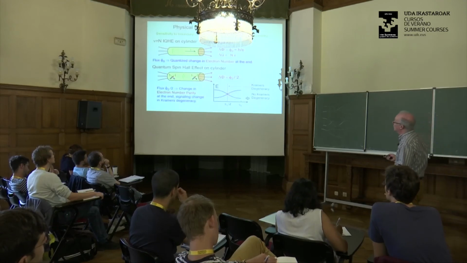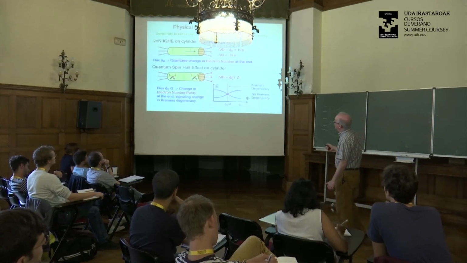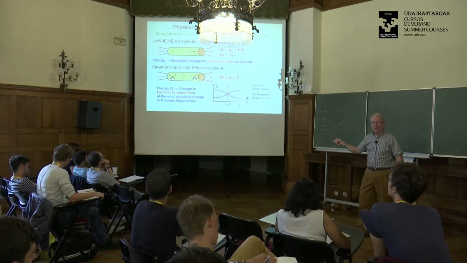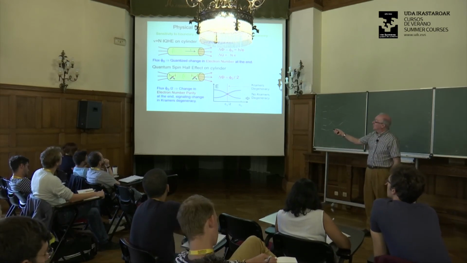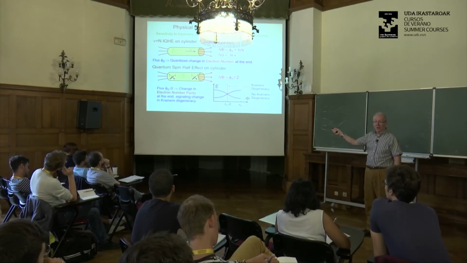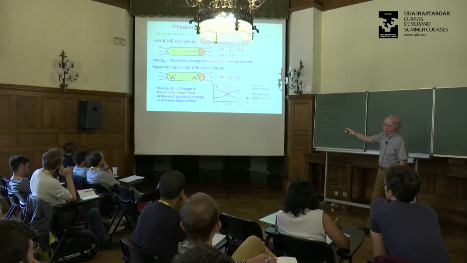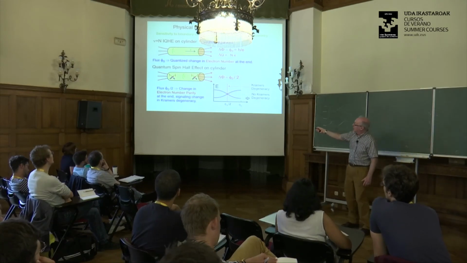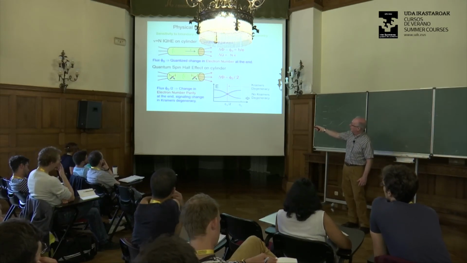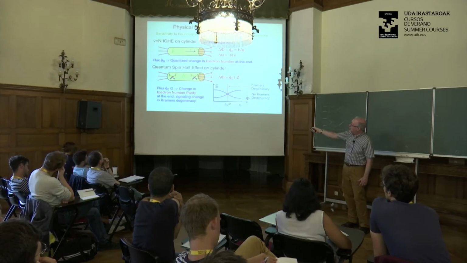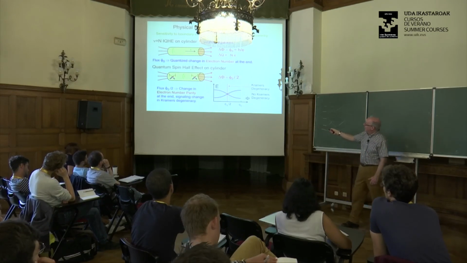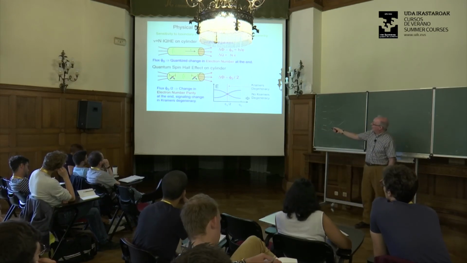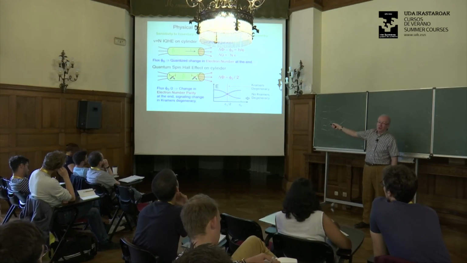Let me try to argue that there's a picture that is similar to Laughlin's argument that I showed you earlier. Let me remind you of the argument for Laughlin, which is that if you put your two-dimensional quantum Hall state on a cylinder and you thread a quantum of magnetic flux, then that leads to a quantized change in the number of electrons at the end.